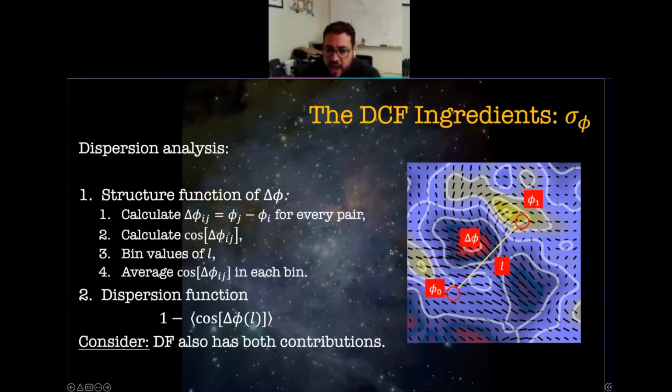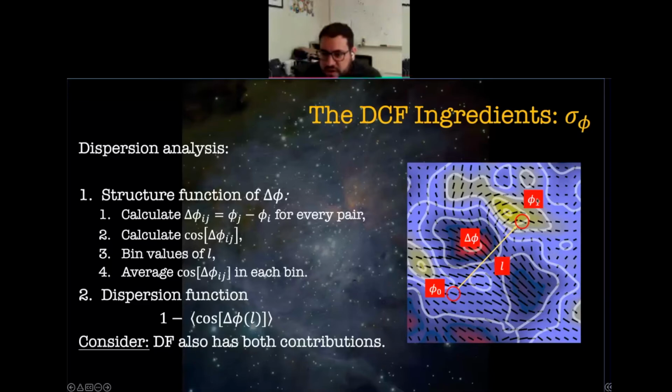calculates a structure function of the difference in the angle of polarization vector directions. So basically what you do is you take this vector here, for example, and this vector here, this is a pair of vectors, and you calculate the difference between these two. And that difference is characterized by the isotropic angular distance between the two of them.